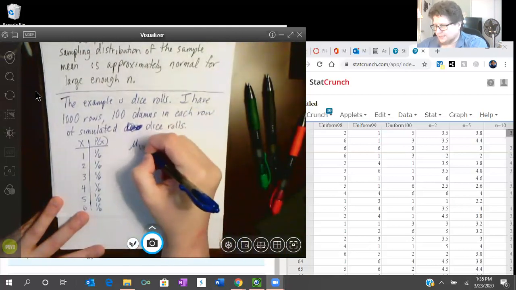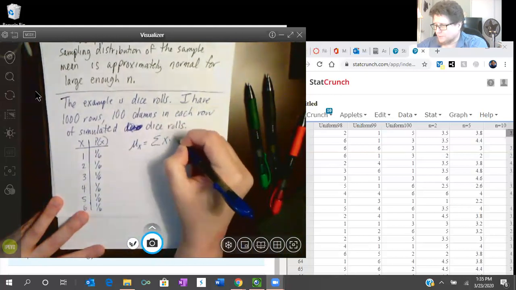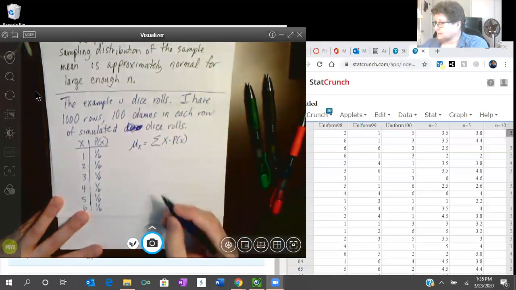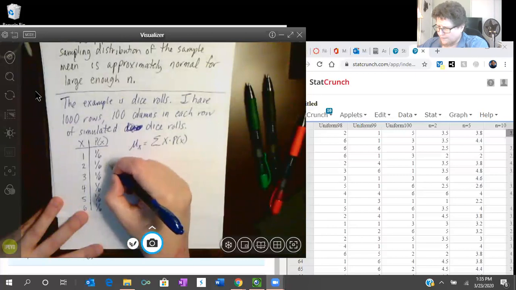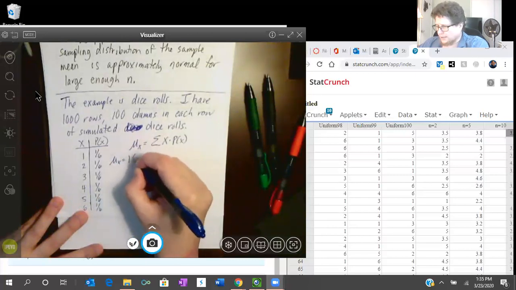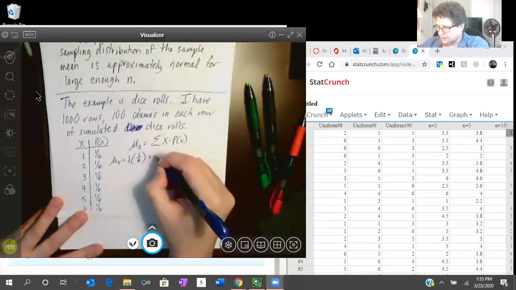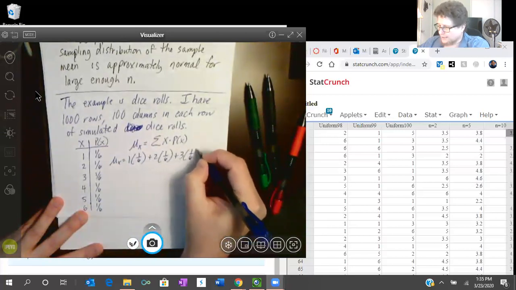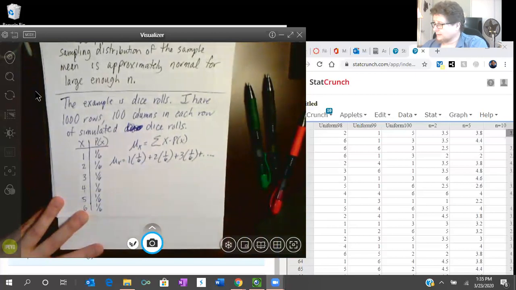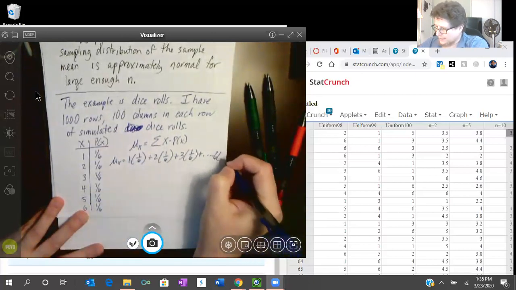And mu of X was the sum of X times P of X. So mu of X equals 1 times 1/6 plus 2 times 1/6 plus 3 times 1/6, and we keep going up to 6 times 1/6.